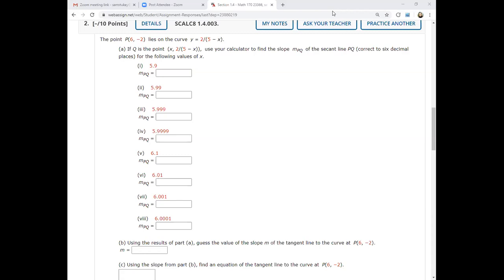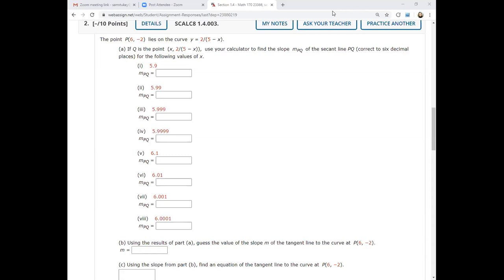So I get 2, because they cancel, plus 2 times 5 minus x, which is 2 plus 10 minus 2x.